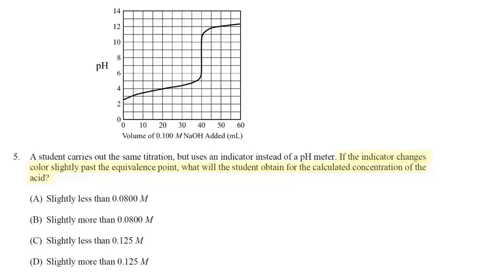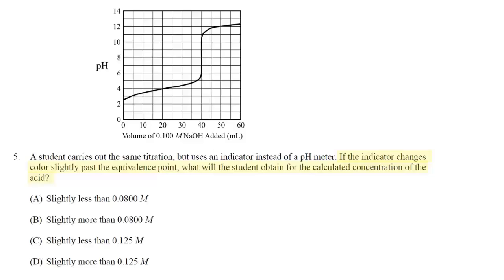Now, if you look at the 4 choices, you can see 2 different numbers for concentration. You can see either 0.0800 moles per liter for choices A and B, or you can see choices C and D with the number 0.125 moles per liter. So a good strategy is let's go ahead and calculate the concentration of this monoprotic acid.